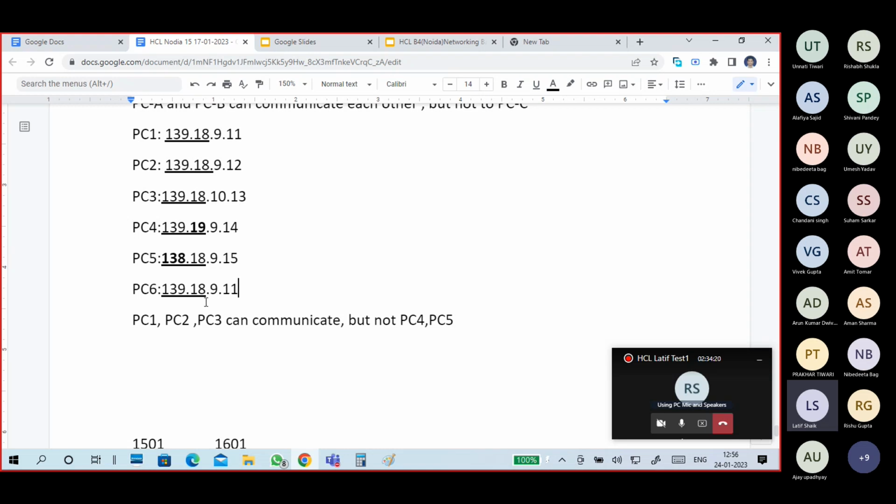Okay, the network portion is the same. But what is this? Conflict. Because it's a conflict with PC1. So PC1 and PC6 cannot communicate.